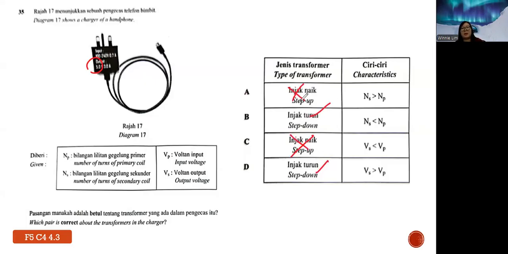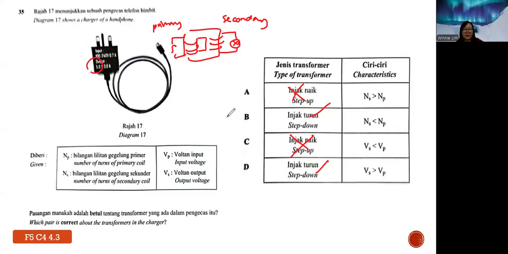So A and C are wrong already. So step down, of course as your understanding, we have what? Primary and also secondary, where we put our phone to charge any device. If you want to step down, that means your number of turns for secondary must be lesser.